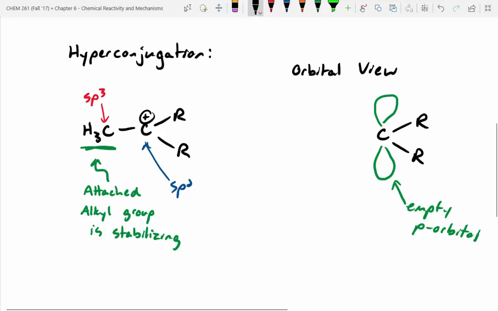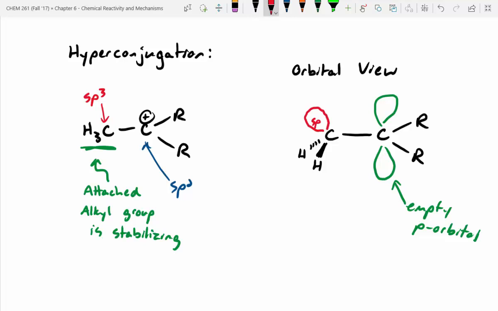Okay, so I'm going to draw this over here, and I'm going to show one of the sp3 lobes going up to that. So we know sp3, I'm not going to do all of them just to save time. We know out here we've got this attached hydrogen, right? Really all hyperconjugation is saying is that this sp3 lobe can help stabilize that empty p orbital by being slightly aligned with it.